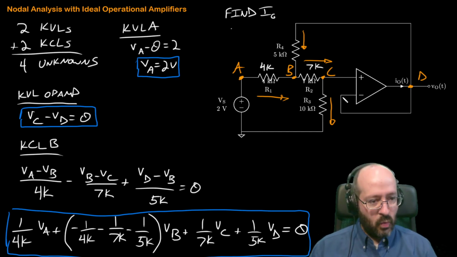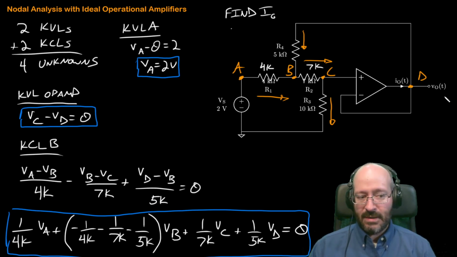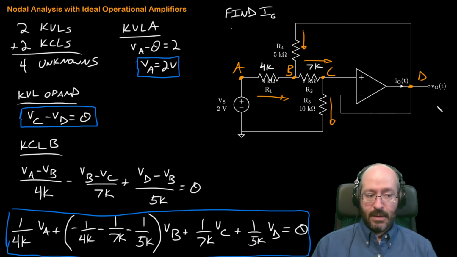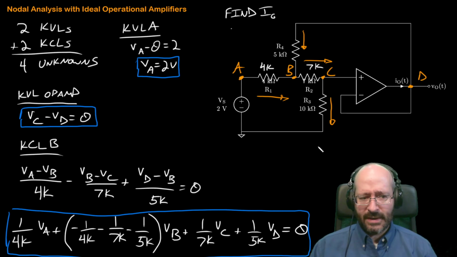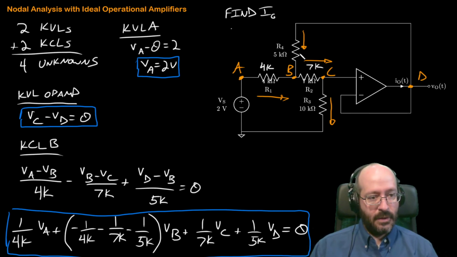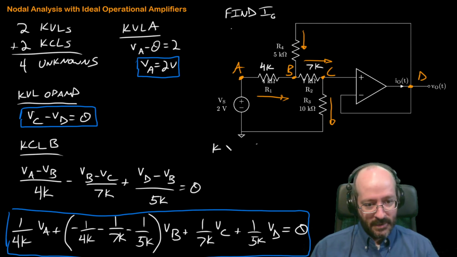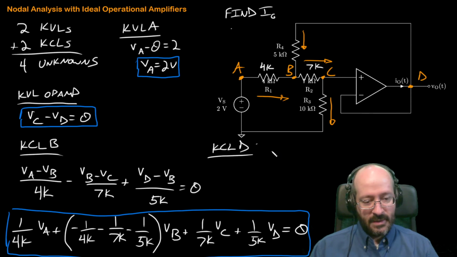Okay, so I see 1, 2, 3 things connected to the D node. Maybe if I had a load connected over there, that would change this current, but we don't have that drawn. So we're going to use 1, 2, 3 currents to figure out this KCL. So I'm going to write it up here. This is the KCL for D, and now I can write it because I know everything else.